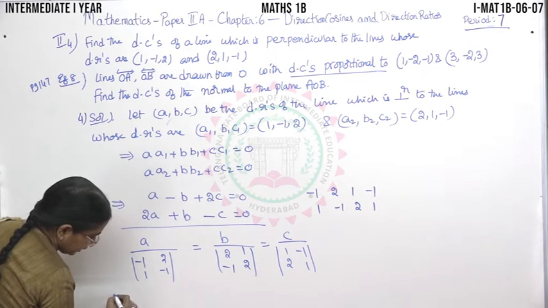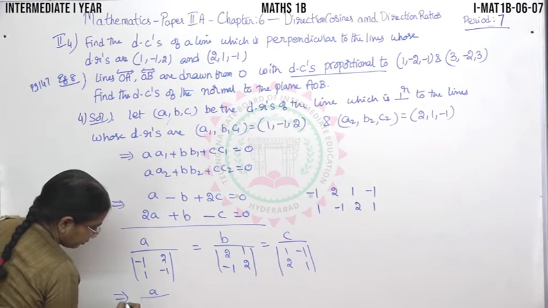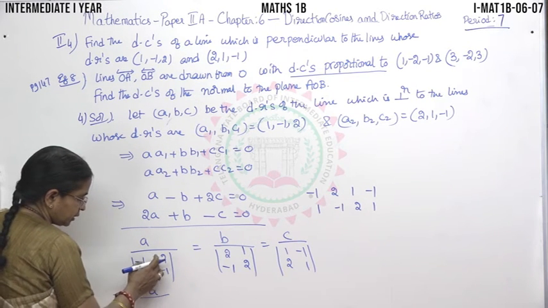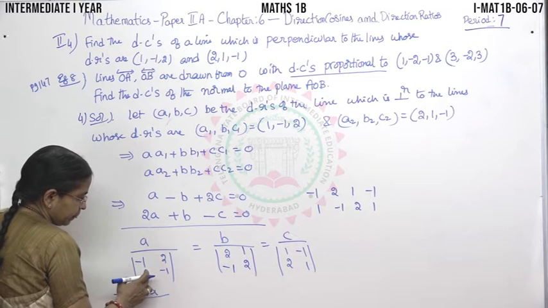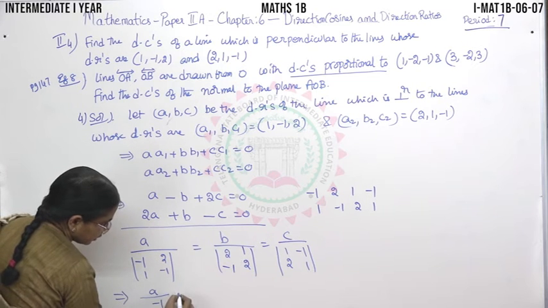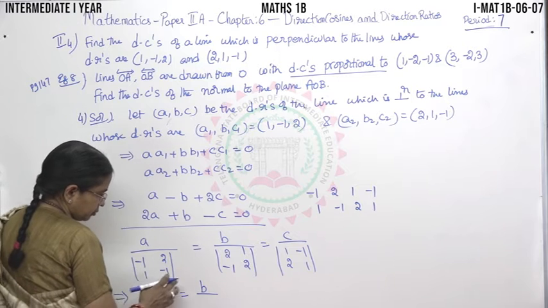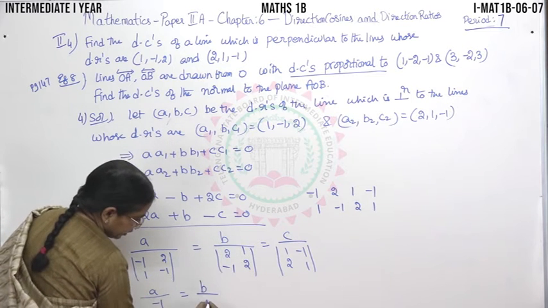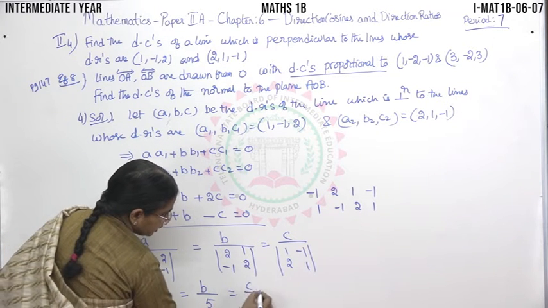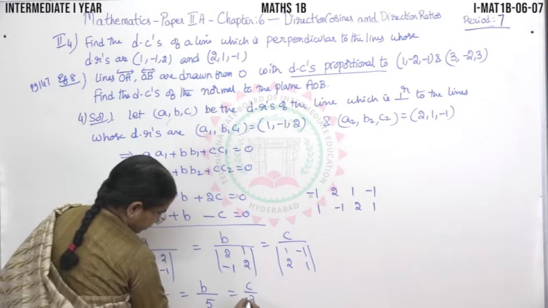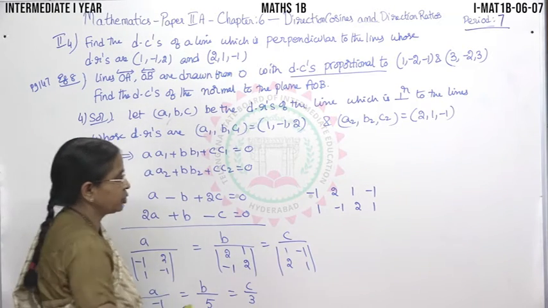So you will get a by 1 minus 2, which is -1, is equal to b by 4 plus 1, which is 5, is equal to c by 1 plus 2, that is 3. These are the ratios.